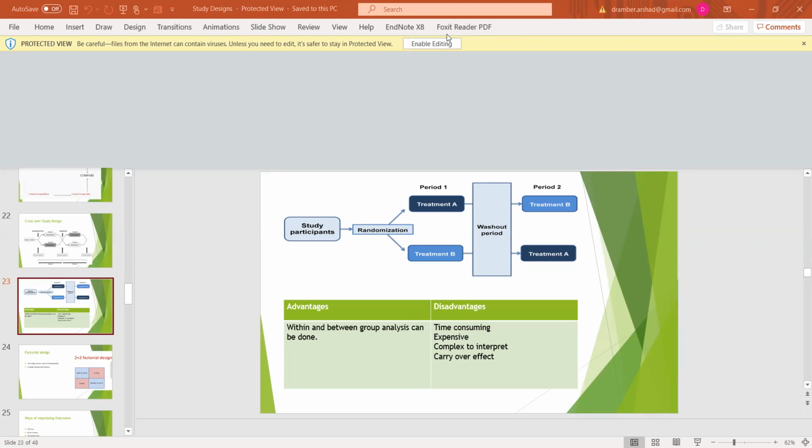As you can see, double the time is consumed for carrying out this study. It is more expensive, it may be complex to interpret, and there can be a carryover effect, which is the residual effect of the intervention after it has been stopped.